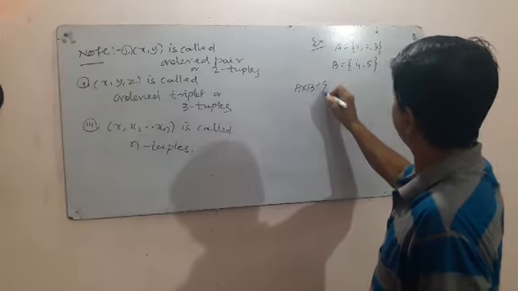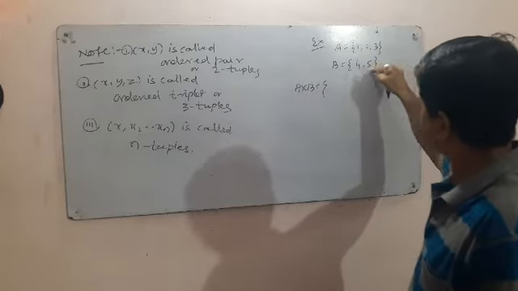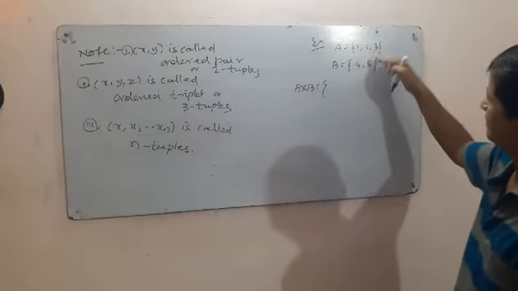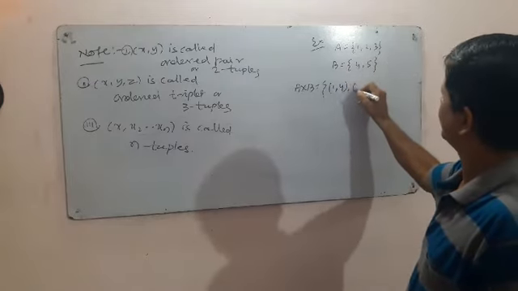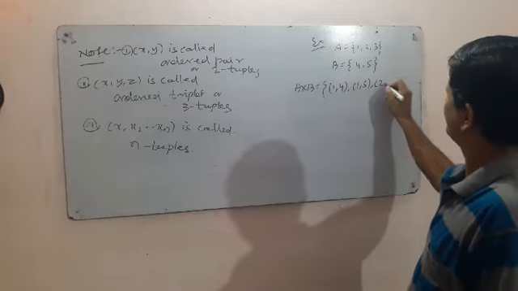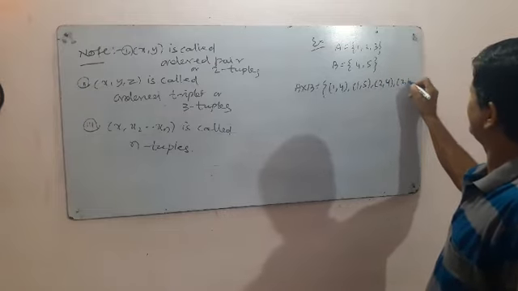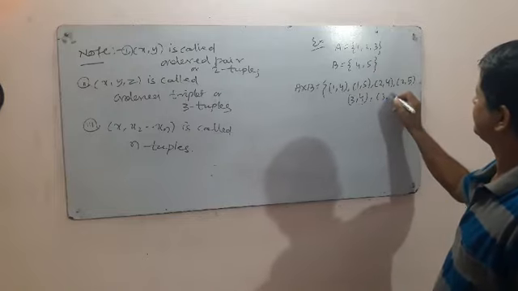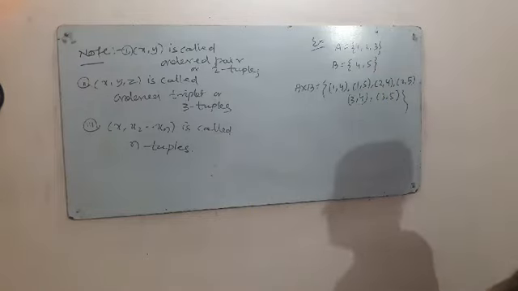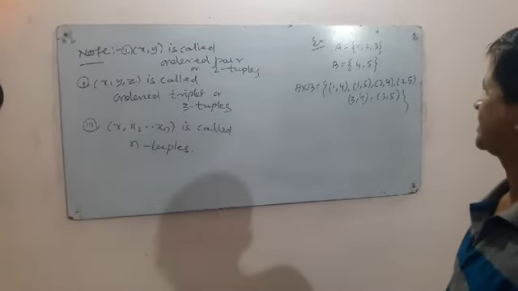A cross B is (1,4), (1,5), (2,4), (2,5), (3,4) and (3,5), right? This is the product of two sets.